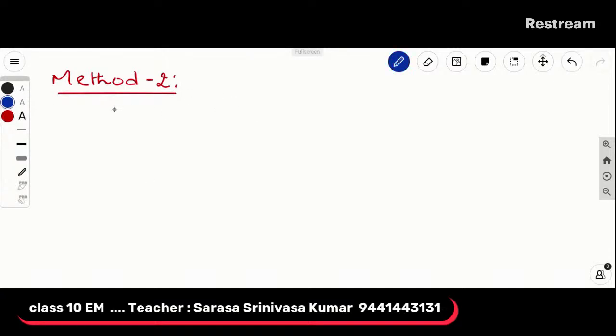So first we write given x square plus y square equal to 6xy. So this is the given condition. Now consider the right hand side part of the proof, otherwise we can consider the left hand side part also.